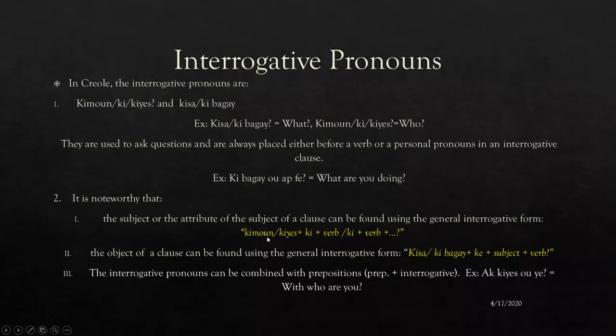Let me show it with the cursor. Kimoun ki, or kiyes ki. Kimoun plus ki gives you kimoun ki, or kiyes plus ki gives you kiyes ki, plus the verb and then the rest of the sentence.